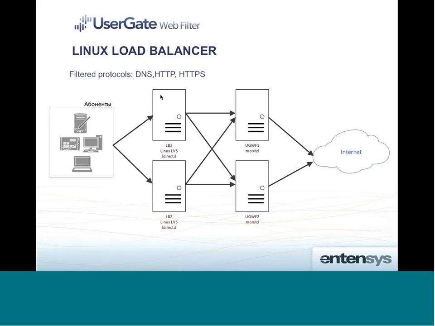And what about HA? Can we do HA from the appliance itself? I'm sorry, what? High availability failover, you can say. The appliance can be part of a cluster, like for example, on this slide. These two, UGWF1 and UGWF2, in this case are part of one cluster.